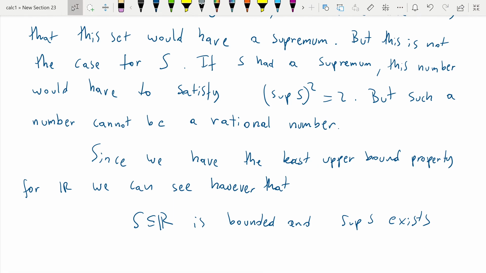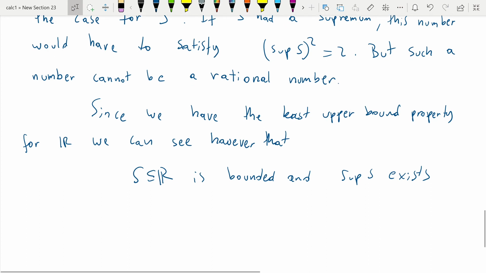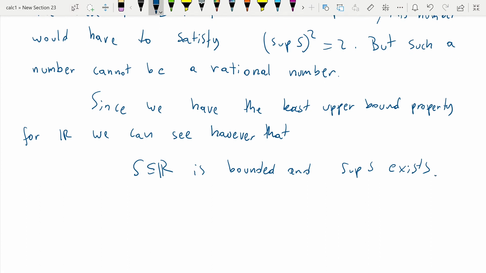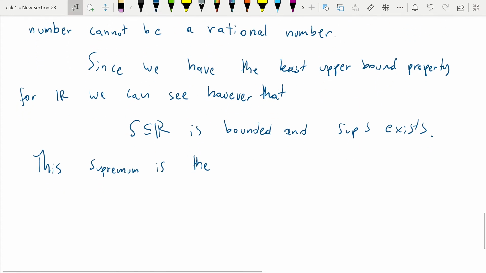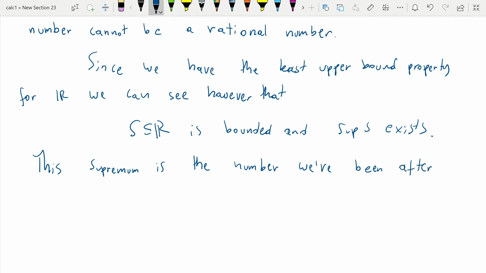S doesn't have a supremum in Q, but it has a supremum in R, and this supremum is finally the number we've been after since the beginning of the semester.